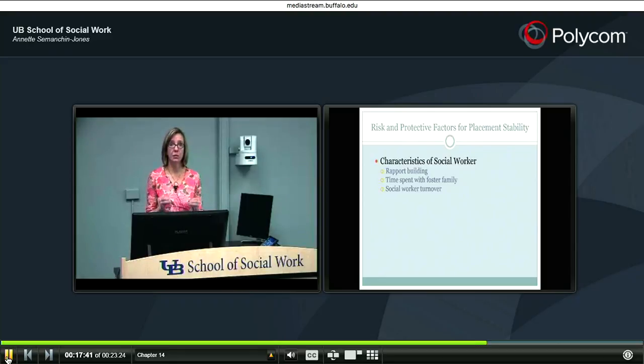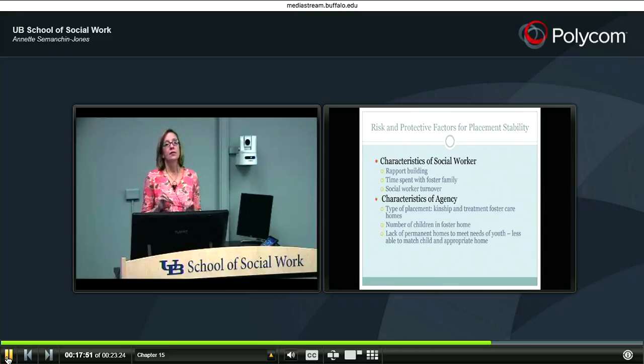So keeping workers in the position so that families aren't changing from one worker to the next really helps this issue as well. There's also some indication that the type of placement may impact stability. Kinship placements, as well as treatment foster care, are much more likely to have placement stability compared to traditional foster homes. The number of children in the foster home, this may also not be surprising, especially in treatment foster care placements.